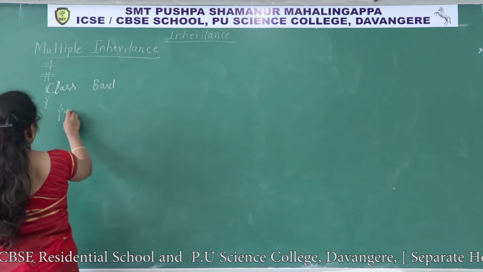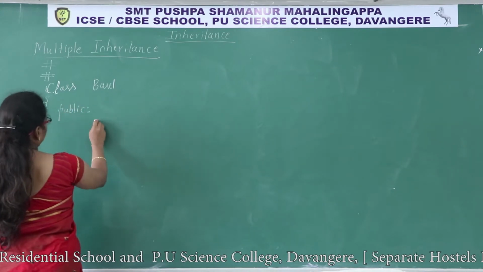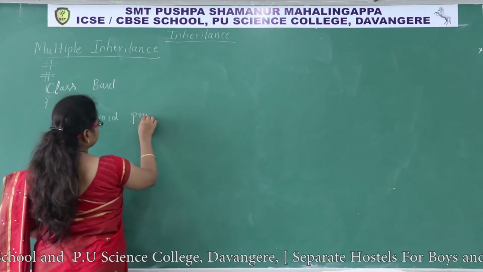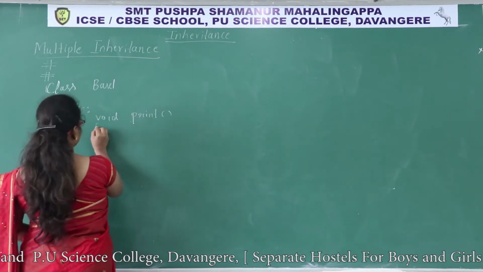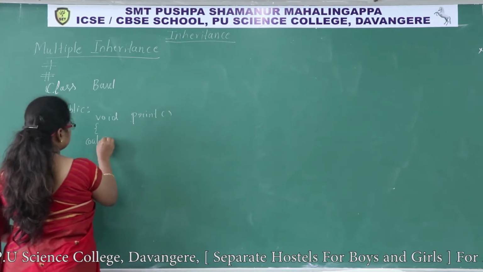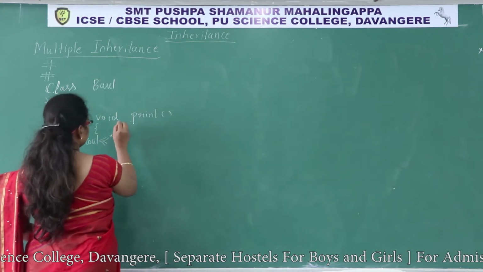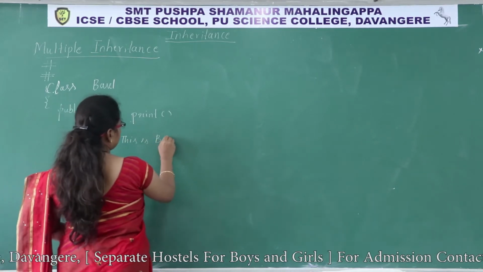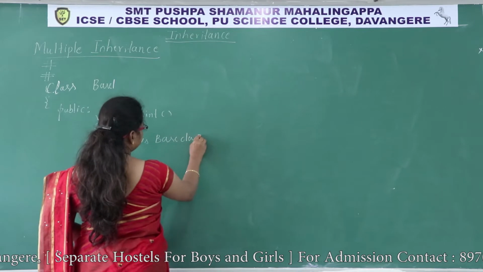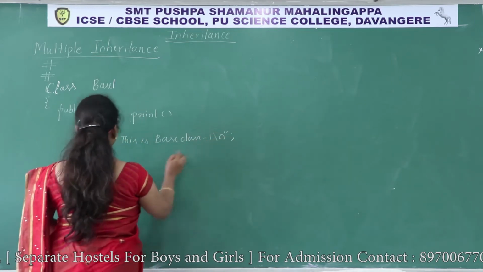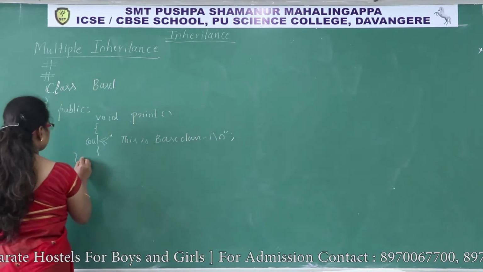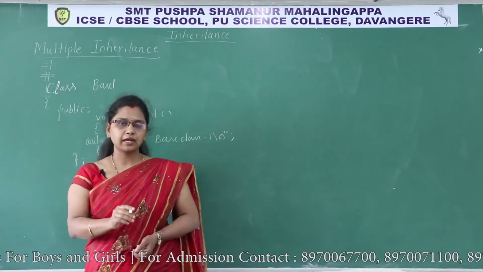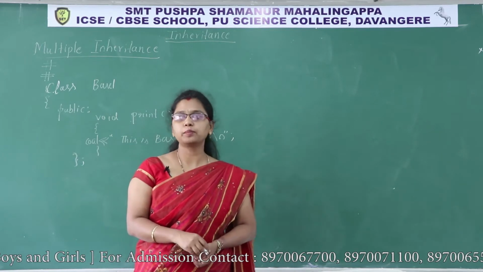In the public section, I'll take a function, void print, cout "this is base class 1". Close. So as per the definition, multiple inheritance means a class which is derived from two or more base classes.